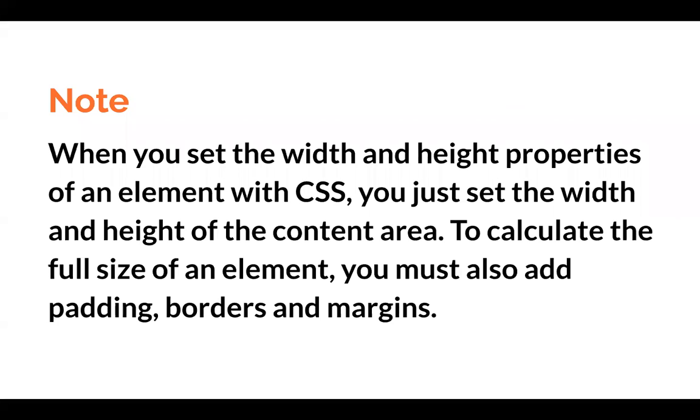To calculate the full size of an element, you must also add the padding, the borders, and the margin. Even though you set the width, if you have the border, the padding, and the margin, it will add those together and give you a much higher value.